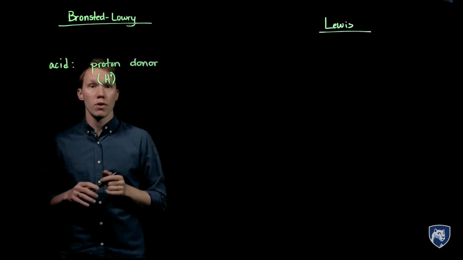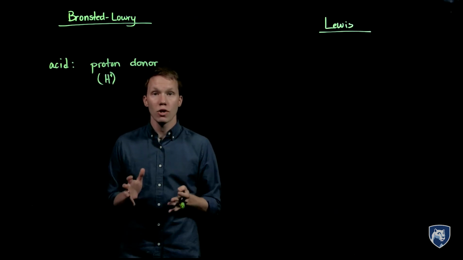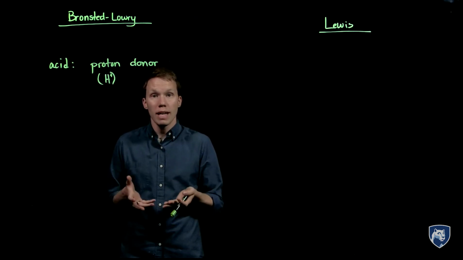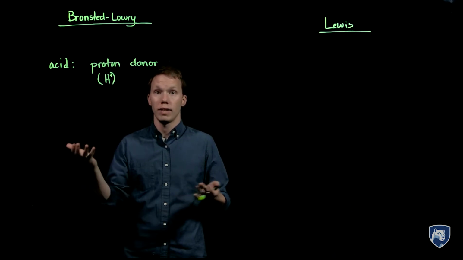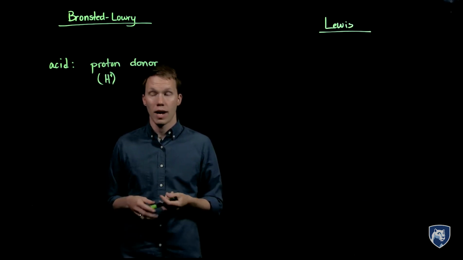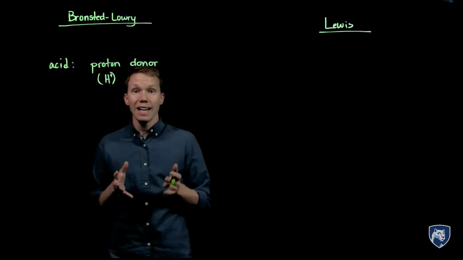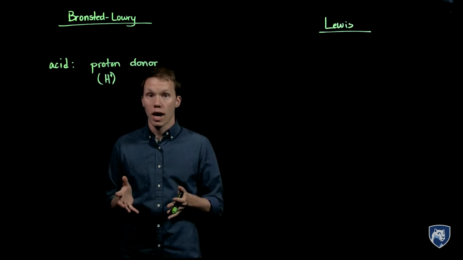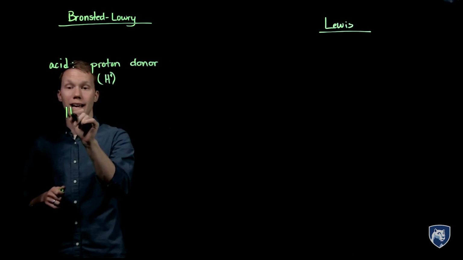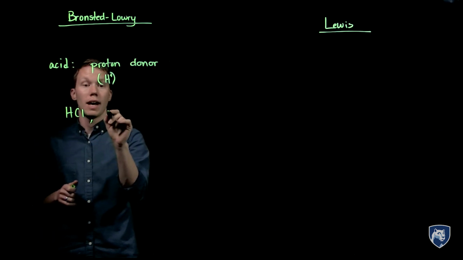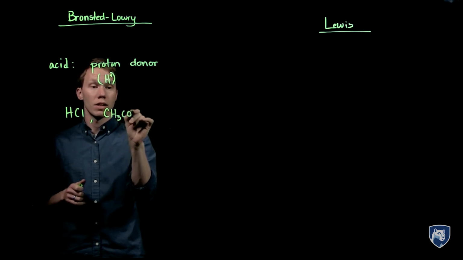So, in order to be a proton donor, think about what structural requirement must there be for this to happen. All right? If it's going to donate a proton, it has to have protons, right? So, really, any molecule that has a proton, a hydrogen, can function as an acid, right? So, things like HCl that we looked at, carboxylic acids, right?